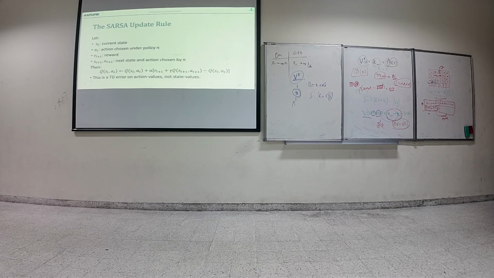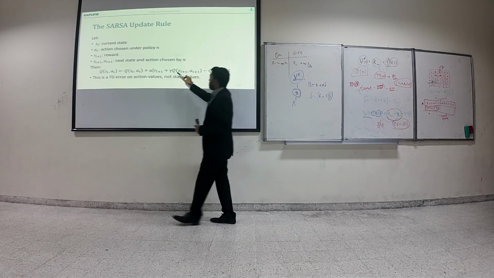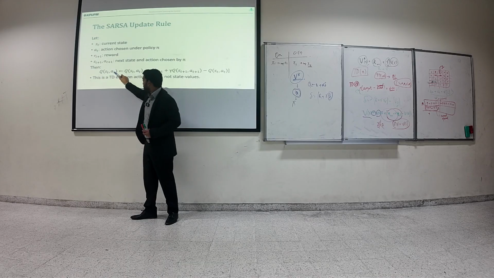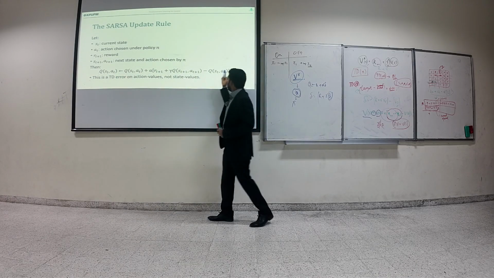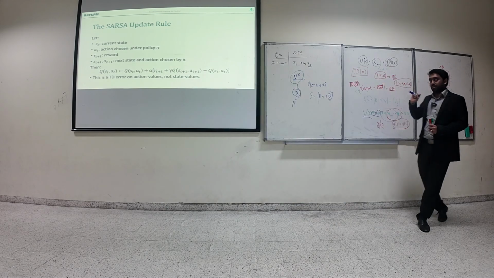Okay, again, just what I stated. You remember this equation was based on V earlier. And because V is a function of only S, you didn't have the A there. But because this is the action value function, you have the A involved here.